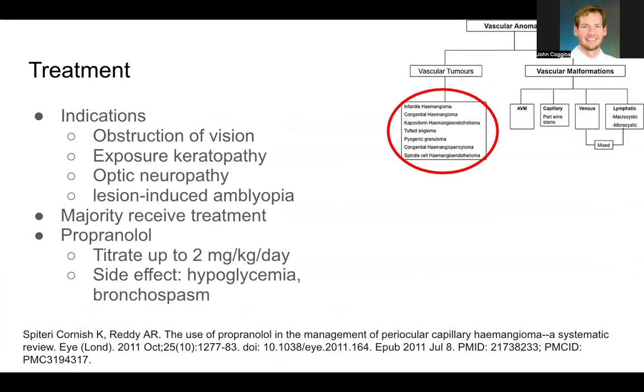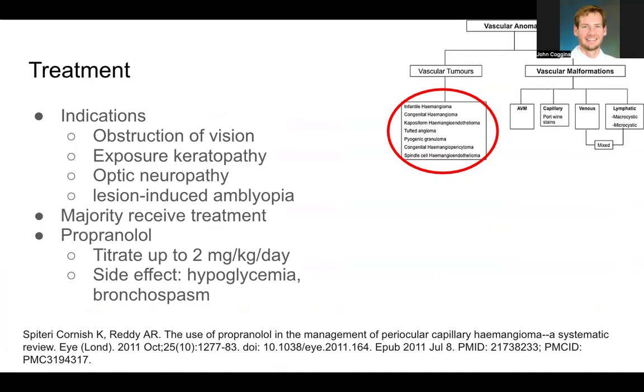So the main indications to treat a child with eye hemangioma is anything that's obstructing the vision, any cause of exposure keratopathy. So if they're having trouble blinking or tearing or anything like that, optic neuropathy or lesion-induced amblyopia.